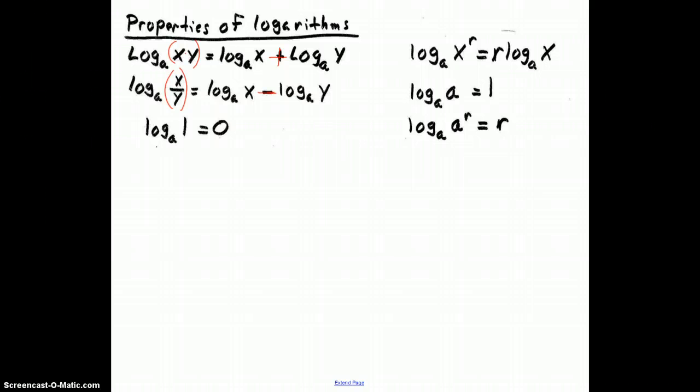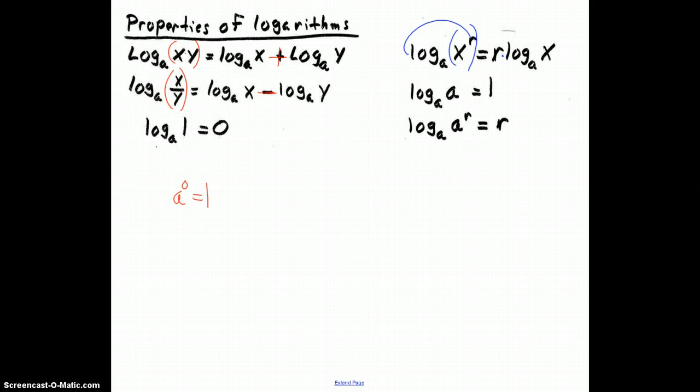Log base whatever of 1 is 0, because any number to the 0 power is 1, just rewriting that exponentially. Moving over to the right side of your screen, for log base a of a number raised to a power, you take that exponent and it moves out in front.